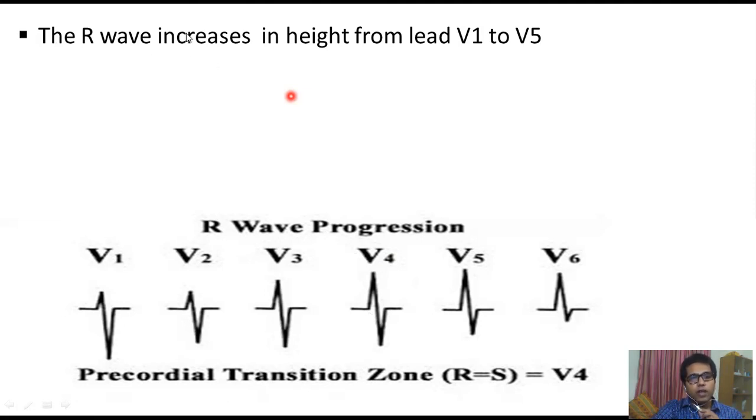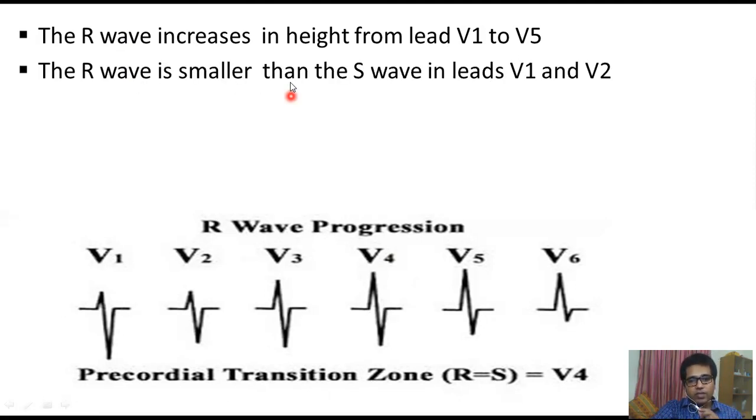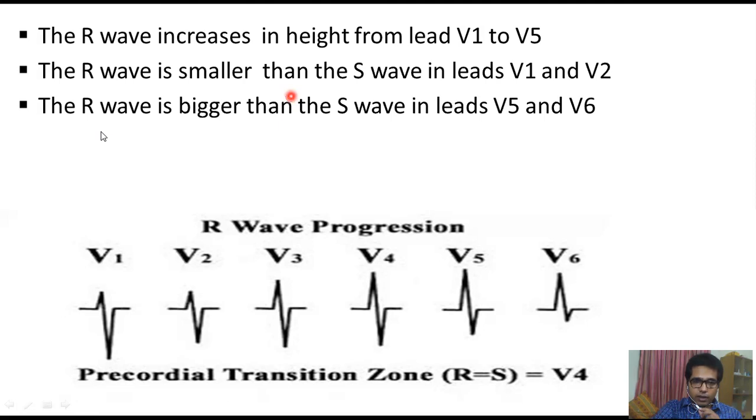Here I have mentioned the R wave increases in height from lead V1 to V5. The R wave is smaller than the S wave in leads V1 and V2, as I have already told you. And the R wave is bigger than the S wave in leads V5 and V6. Here you can see clearly.